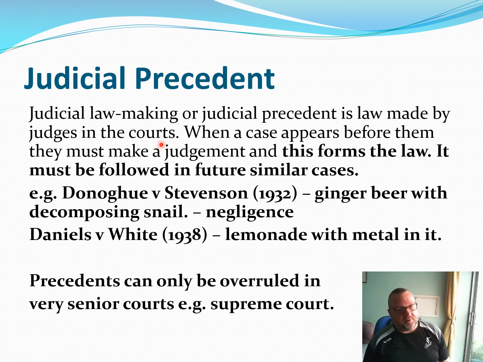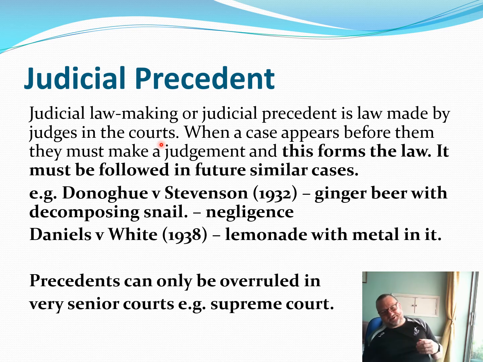Now the example that is given in the textbook, and also is a good one to use, is the Donahue versus Stevenson case in 1932, where a ginger beer bottle was found to have a decomposing snail in it.